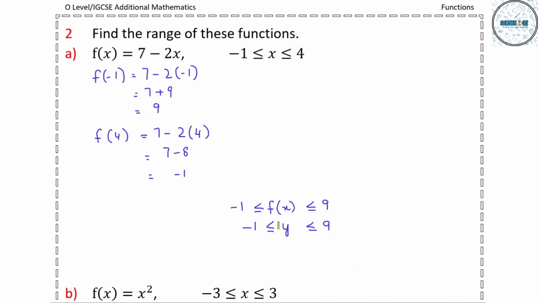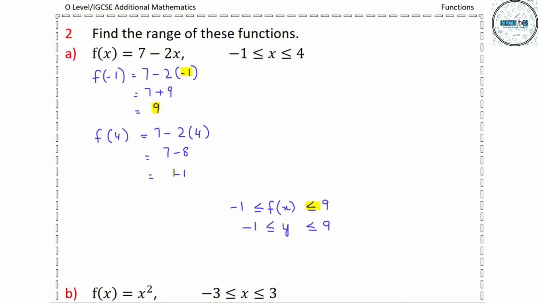How do we decide about the sign? Whether we have to put less than or equal to, the same is the case over here as well. We have got 9 as output when the input is -1. Then we see if this -1 is included in the domain, then we have to include this 9 as well in the range. So that's why we have put this sign.